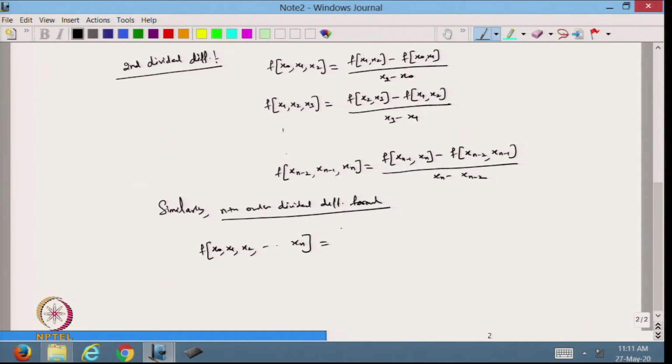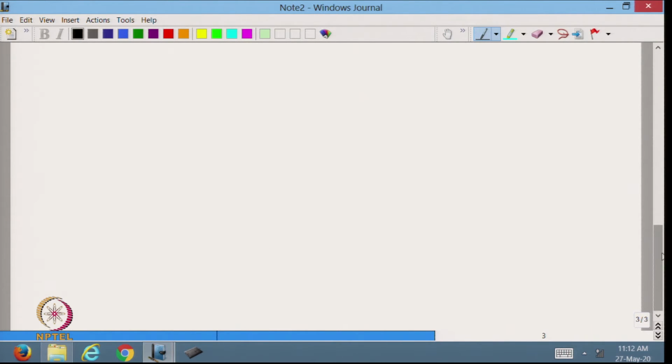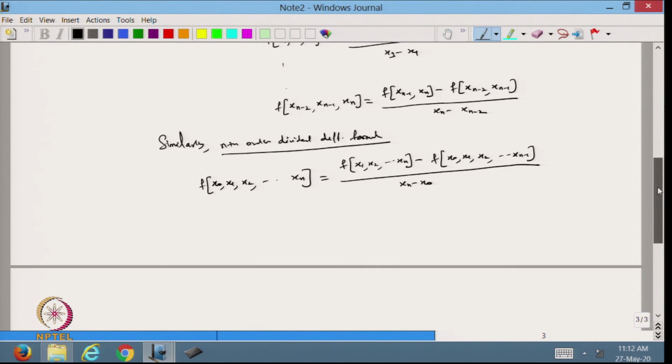So that can be written as the n minus 1th order divided difference, f[x1, x2 up to xn] minus f[x0, x1, x2 up to xn minus 1], divided by xn minus x0. So based on this I can define all these divided difference formulas.